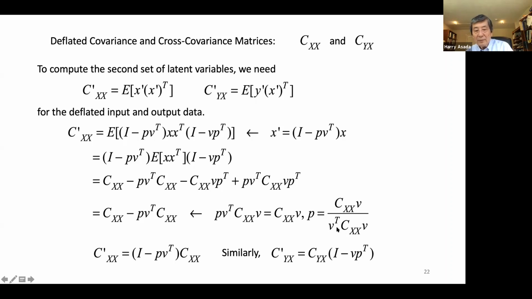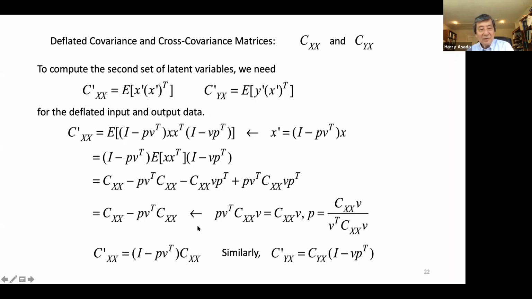If you multiply this to both sides, P times that quadratic scalar quantity equals this part. So P V transpose CXX V is the same as this, and is thereby replaced by this. If you replace this by this, it's basically the same expression as this.